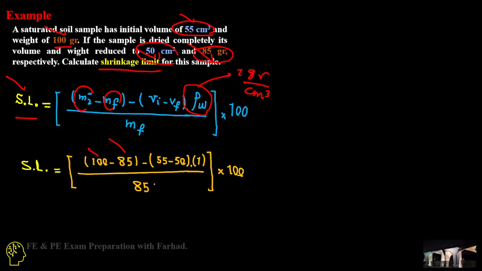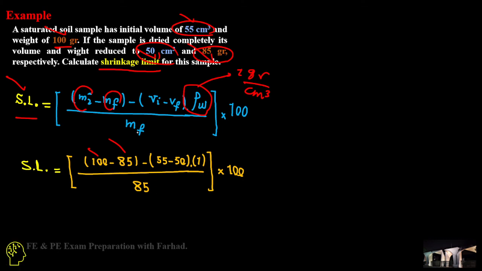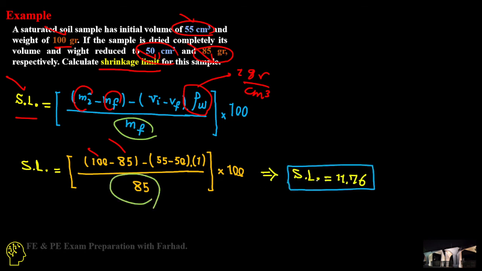And then if you replace it in the formula, over final mass, which is 85 grams, times 100, it gives you shrinkage limit equal to 11.76%.